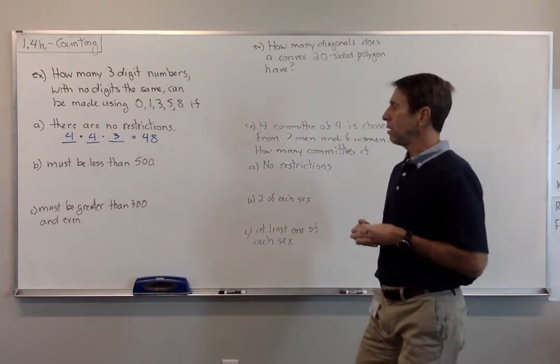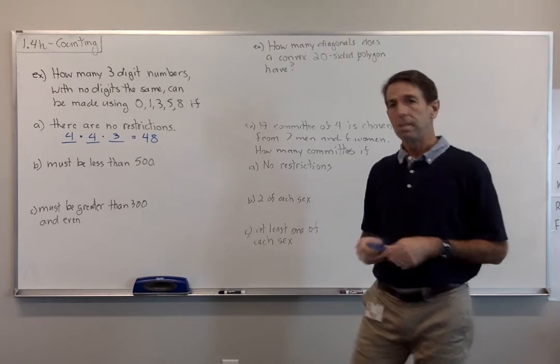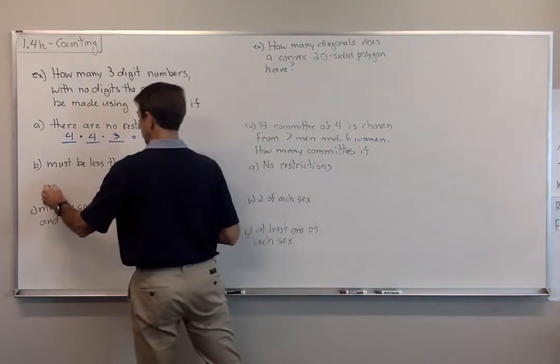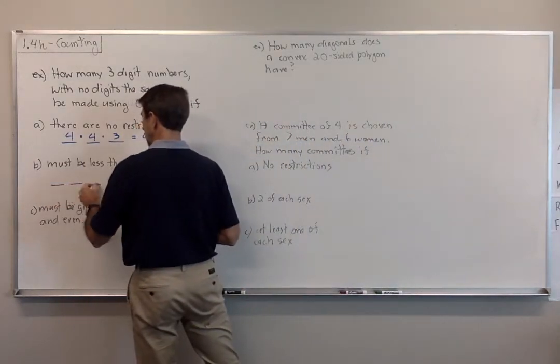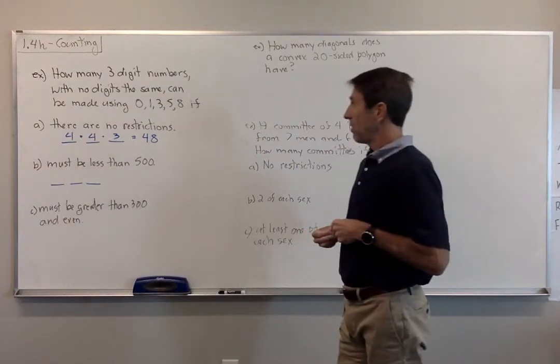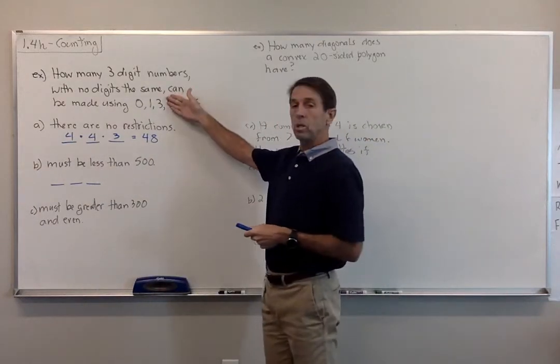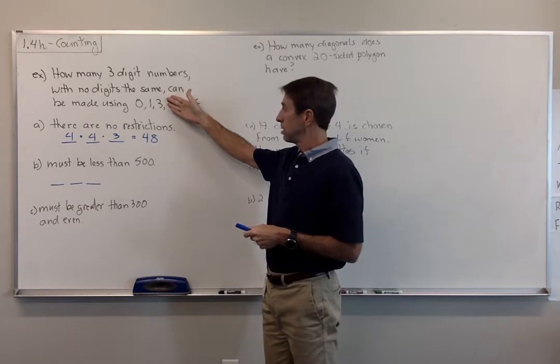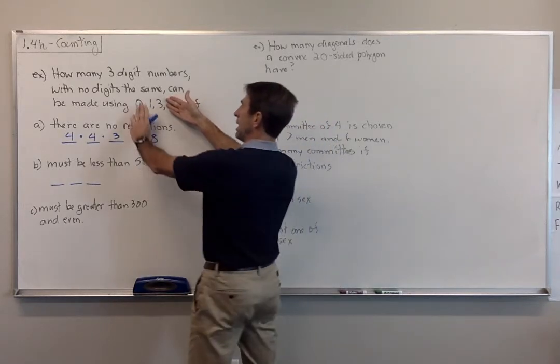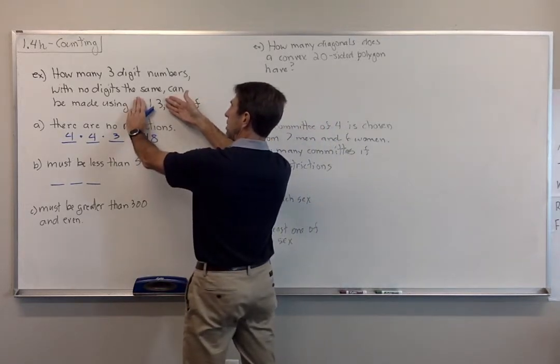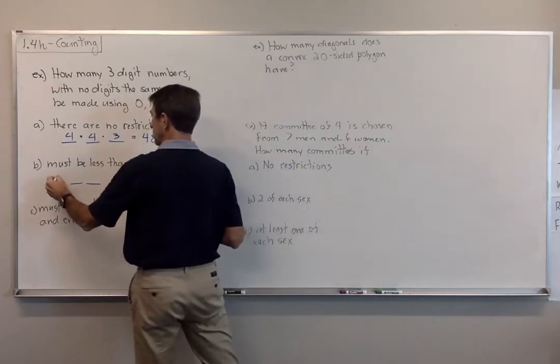Now, what if we want the number to be less than 500? Again, it's a 3-digit number. If it's less than 500, we're not going to be able to use the 5 and the 8 in the first spot. But we also can't use the 0, because then it wouldn't be a 3-digit number. So there's only 2 numbers I could use.